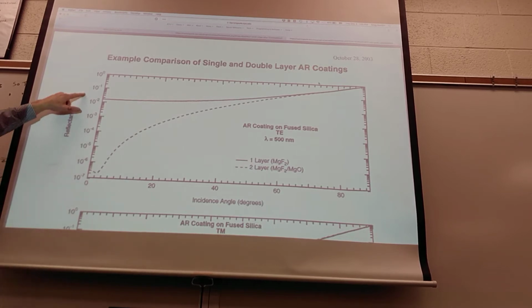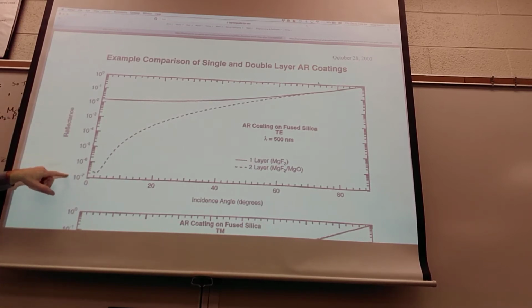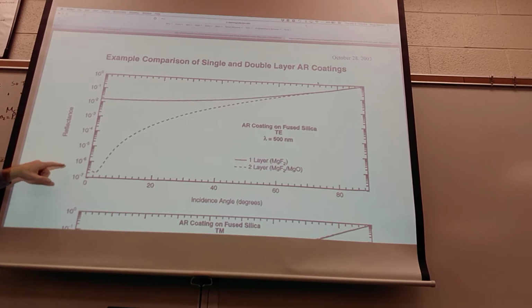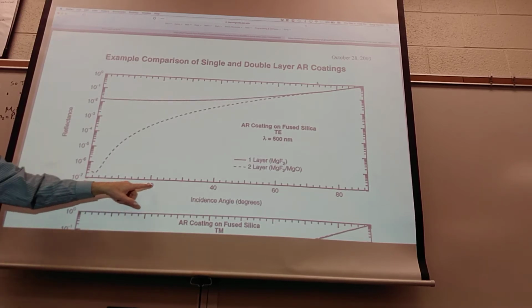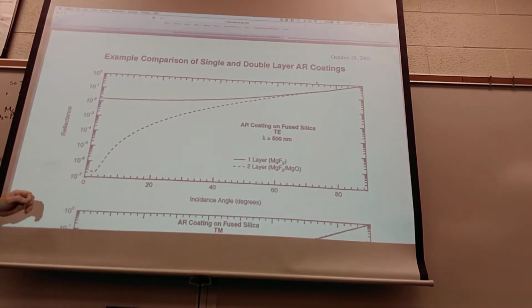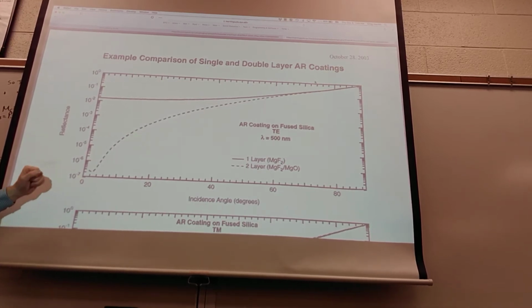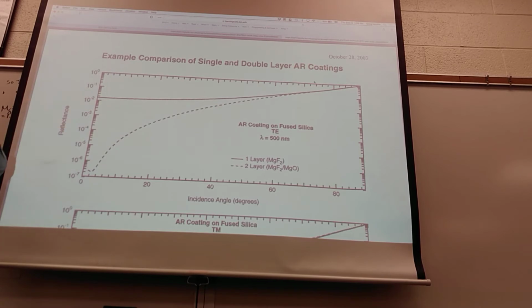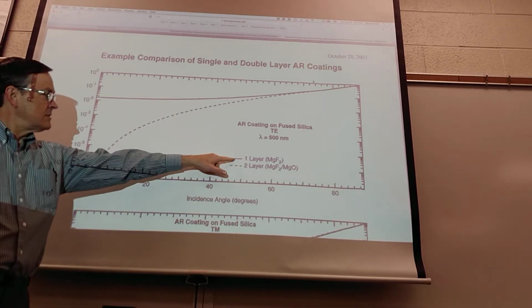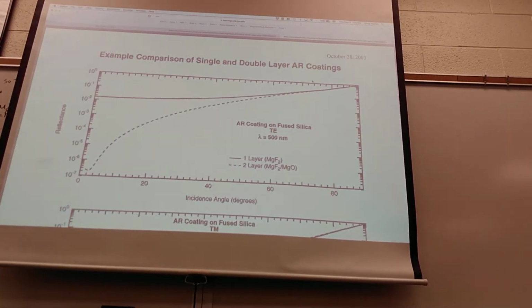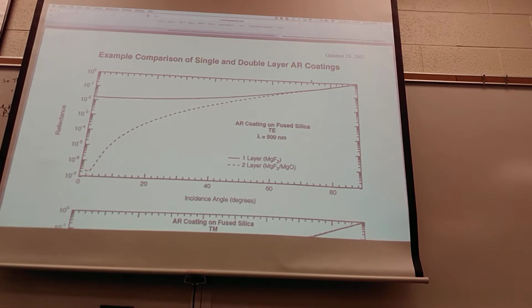So if we look at the reflectance, so magnitude reflection coefficient squared, so it's the power quantity, as a function of incidence angle, and we've designed for normal incidence. And this is fused silica and single layer coating of mag chloride. It's a quarter wavelength thick.